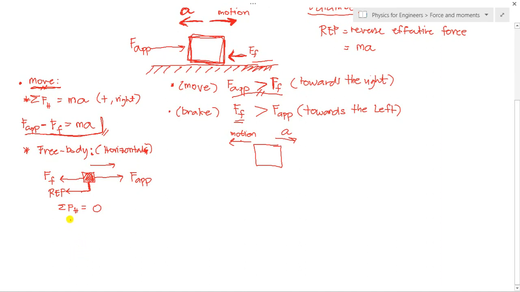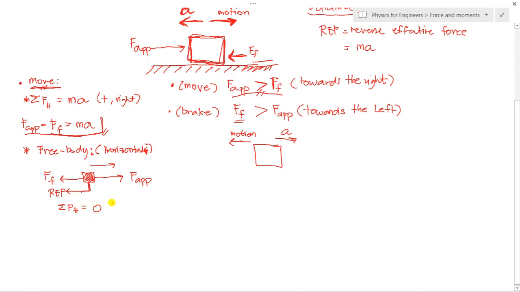Actually, if you consider all the forces, class, including the acceleration force, then we can equate all the forces to zero. Unlike in the first method, where you only considered the applied force and the frictional force, that's why you said their total is acceleration. Here, the acceleration is already considered, so we can equate all the forces to zero.